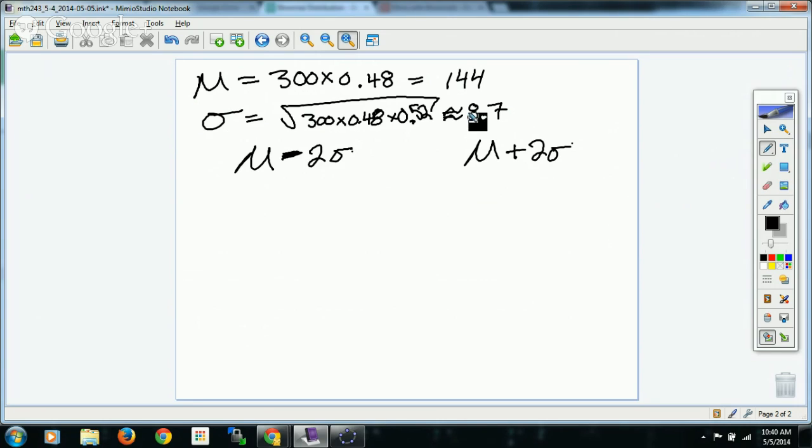If we double that, that's going to give us 17.4. If we add that on to 144, that's going to give us 161.4. And on the left, if we take that away, we're going to get 126.6. All right.